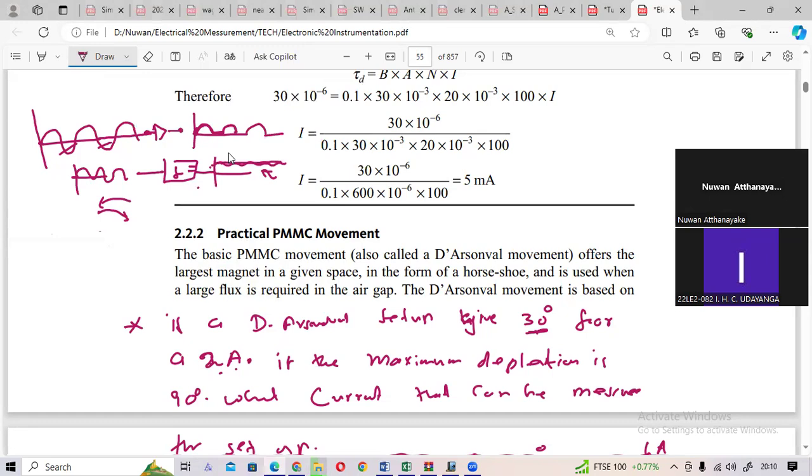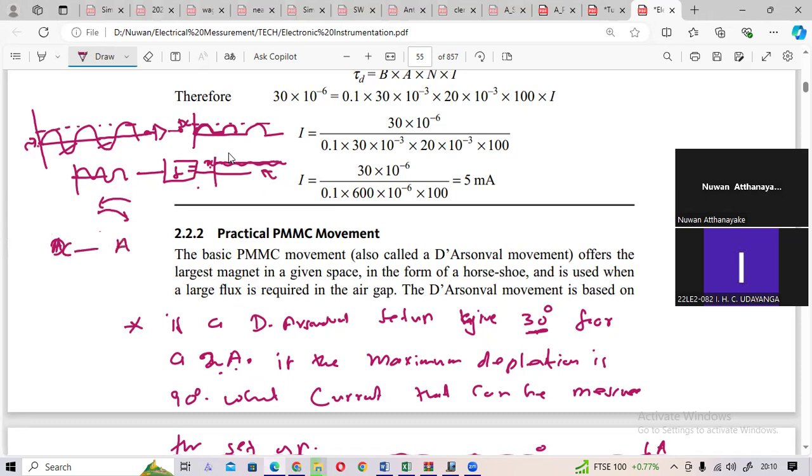So this DC level is equal to the amplitude. By finding this DC level, you can find the amplitude.